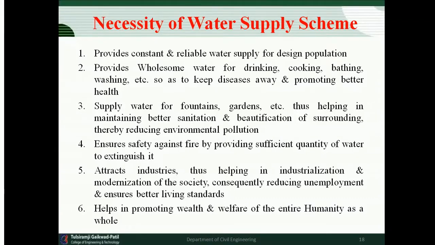Point number 5. A water supply scheme attracts industries, thus helping in industrialization and modernization of the society, which consequently reduces unemployment and ensures better living standards. Also, it helps in promoting wealth and welfare of the entire humanity as a whole.